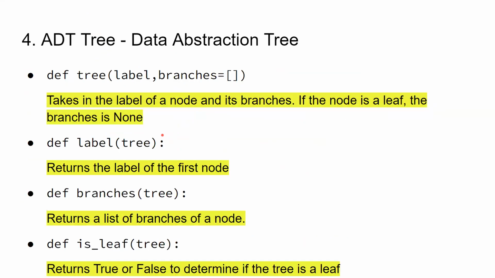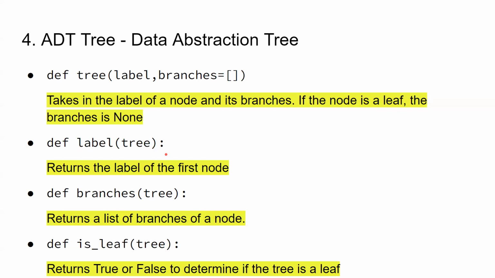Okay, so let's have a small summation. Define tree(label, branches=[]), an empty list. This is the default setting: if you don't pass any value in this place, it will pass in the empty list as a default value. It takes in the label of a node and its branches so that it can create a new tree. If the node is a leaf, the branches are empty, because there's nothing else below a leaf.